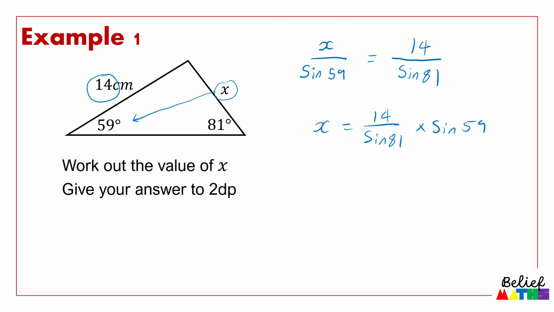And then from there we just put that value into our calculator. We can do all of it in one go, and that gives us an answer of 12.149, which if we round to two decimal places is 12.15 centimeters. So again, the key here is remember that x is always going to be in that top left hand position, and then that first step is just going to move the denominator across to the other side.